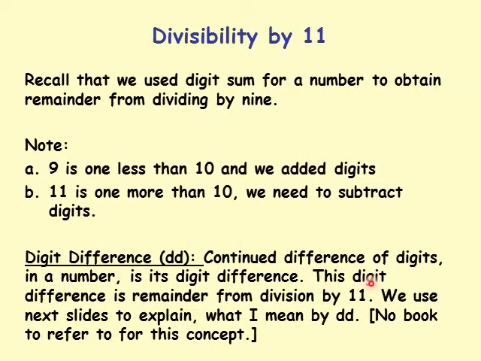The digit sum is the remainder from division by 9, and the digit difference is the remainder from division by 11. We use the next slides to explain what I mean by the digit difference.